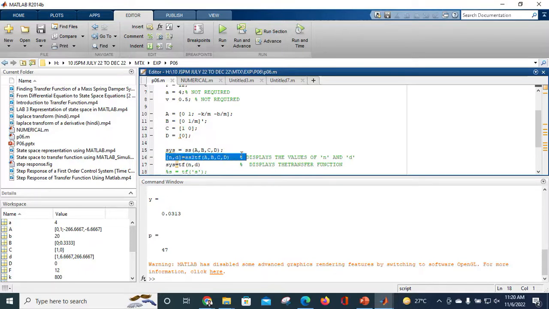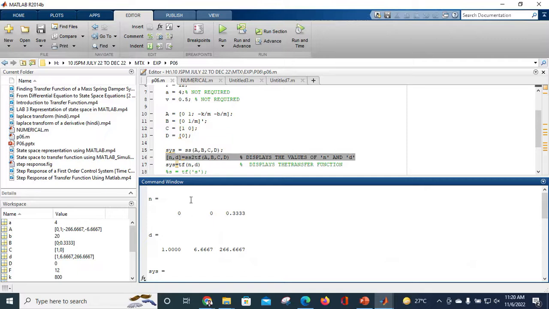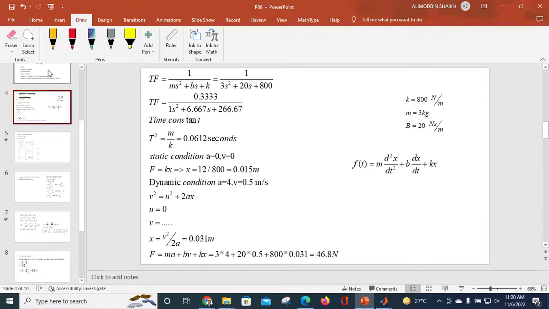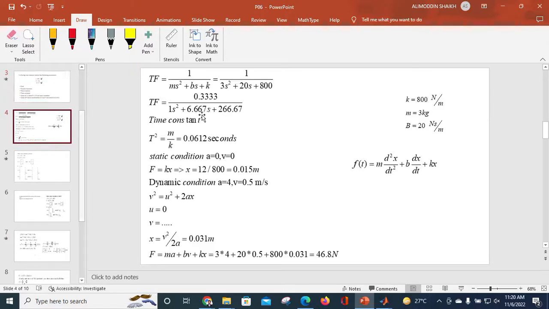This statement is used to show the value of n and d. N is 0.3333. Why? Because this numerator has only one term, that is a constant term, 0.3333.